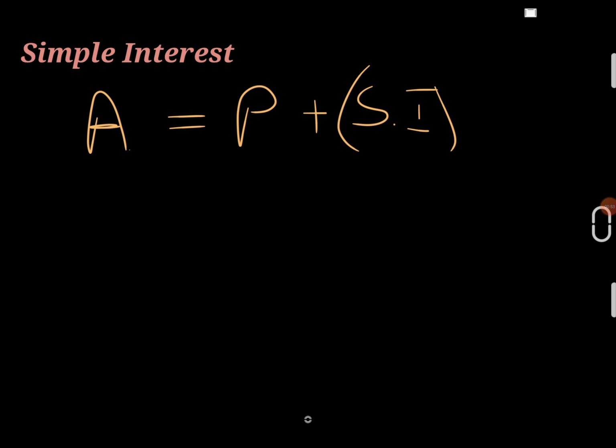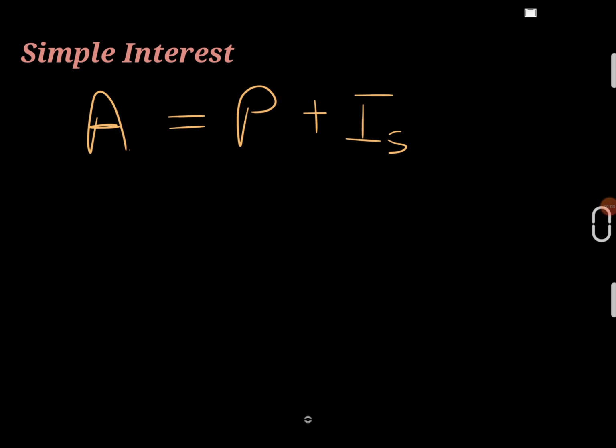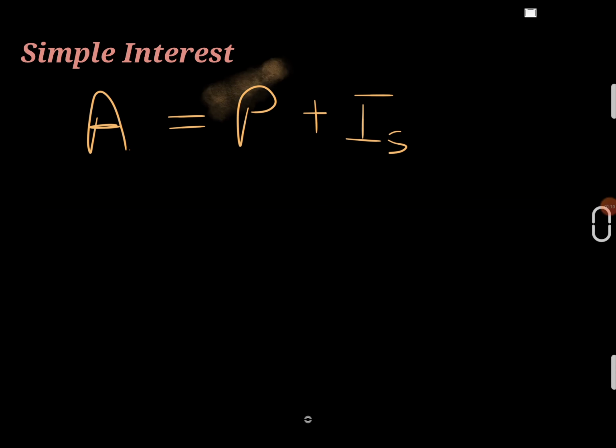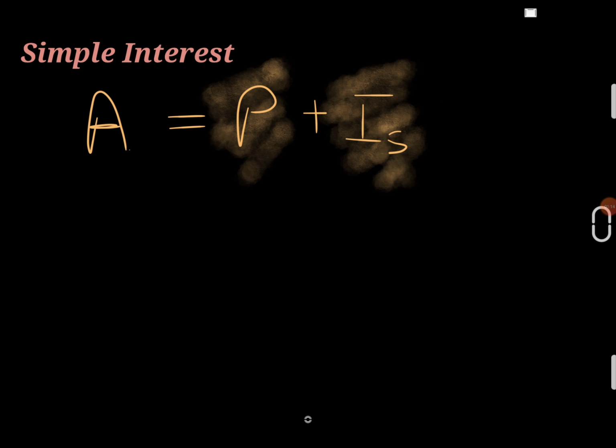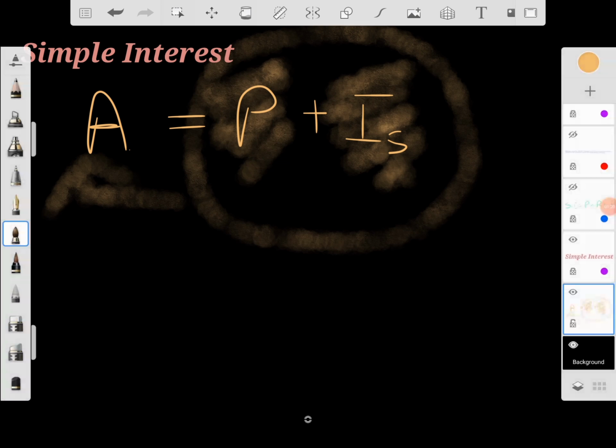SI looks like S into I, so I will call it I subscript S. So A is equal to P plus IS. Remember, P is the amount that you actually borrowed, IS is the interest that they are putting, and at last you need to pay a total of this thing. That is what happens.